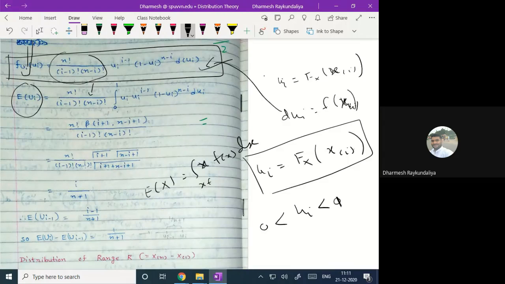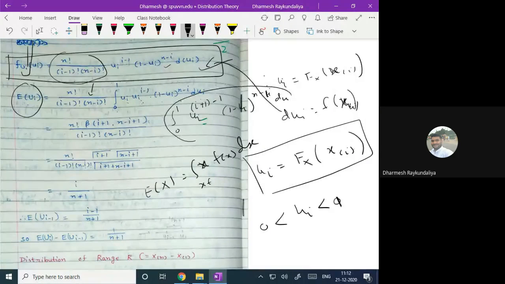This part is constant, ui into ui raised to i minus 1, 1 minus ui raised to n minus i dui. Now this is nothing but ui raised to i, so I can write it as integral 0 to 1 of ui raised to i plus 1 minus 1 and 1 minus ui raised to n minus i dui.